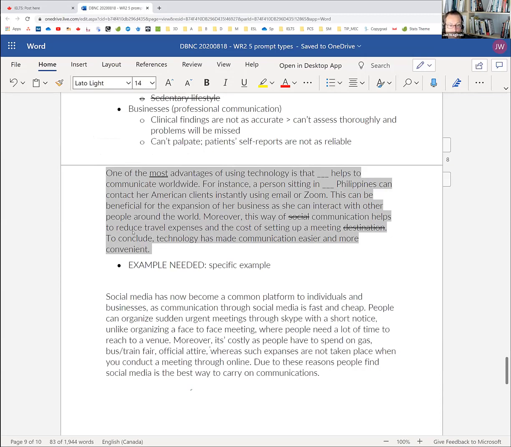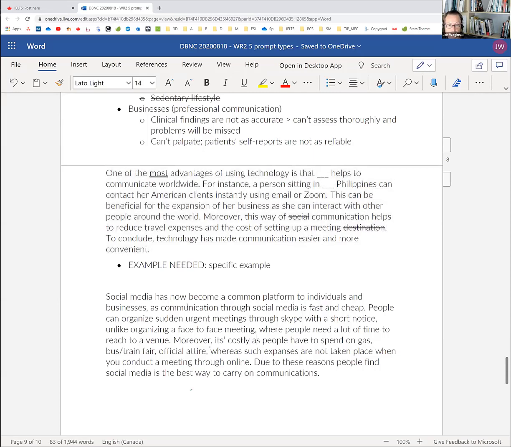Now, if you just doubled this, you'd be at 166 words, plus your intro and conclusion. If your intro is just 2 sentences and the conclusion is 1 sentence, you're not even going to make 250 words. So it's a good start for sure, but it's a bit inadequate for band 7.